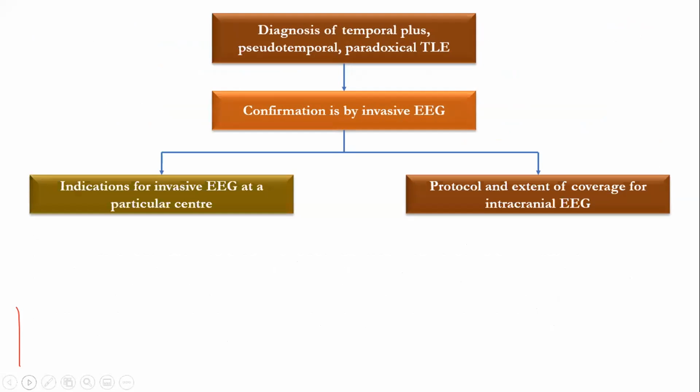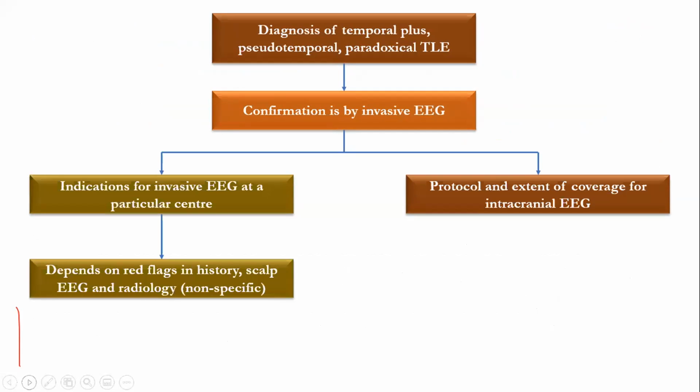And this again is a problem because in a particular center, you may have different indications for invasive EEG, and the protocol used and the extent of coverage also varies. So how well you pick up these entities depends on the protocols that you have in place at your institution. So normally people select patients for intracranial EEG when they detect some red flags in the history, in the scalp EEG and radiology.